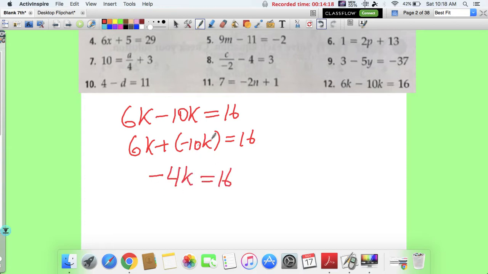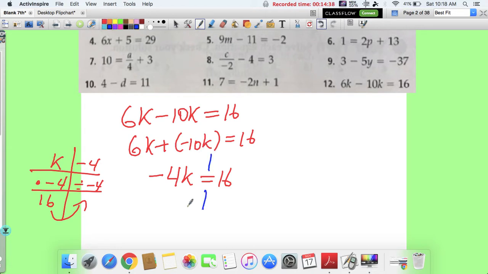This is a one-step equation. If you like to write a story, it is going to look a little bit shorter. You have a variable k that's being multiplied by -4, gives you 16. Going backwards, I'm going to divide by -4, and 16 divided by -4 is just -4.